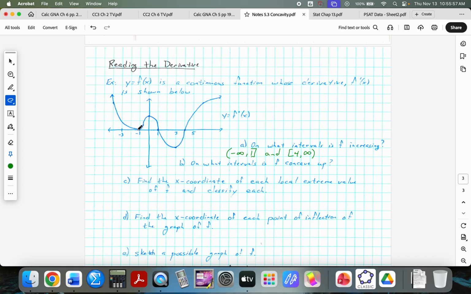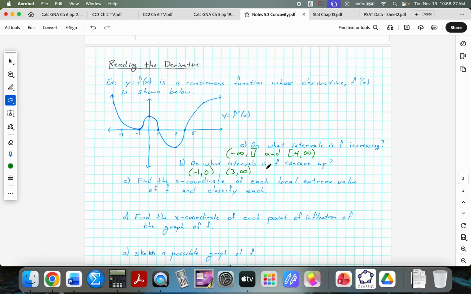Okay, where is this function increasing? Well, from -1 to 0. And then from 3 to looks like infinity, unless there's some other weird thing going on. Again, for concave up and concave down, our intervals are always open.